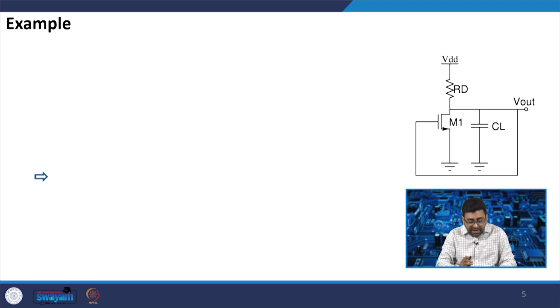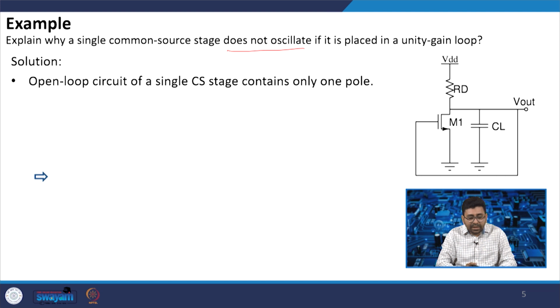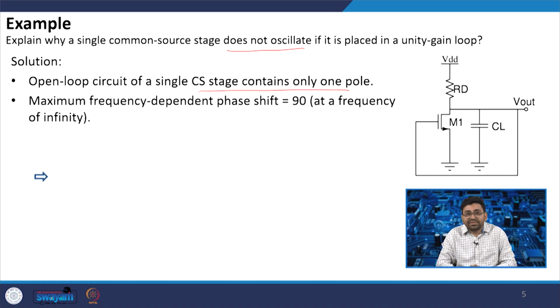This is what we can question: is it satisfying the Barkhausen criteria? Does this circuit oscillate? The answer is no. The open loop circuit of a single common source stage contains only one pole, and the maximum frequency dependent phase shift is 90 degrees at a frequency of infinity.